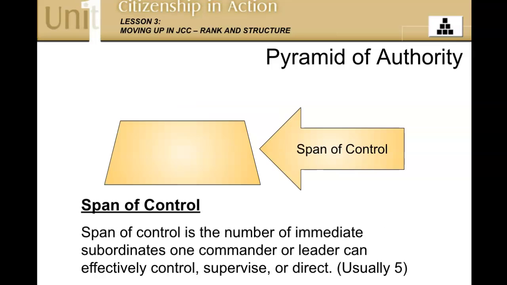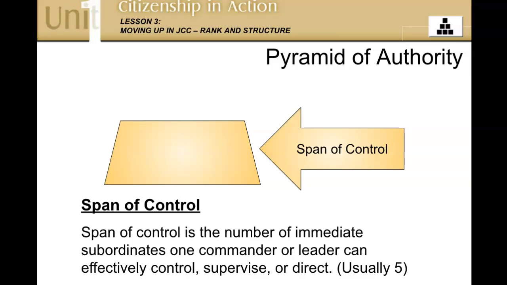Span of control is next. Span of control is the number of people that an individual manager or leader can actually control, supervise, and direct. That number is usually 5. A company commander is responsible for managing the executive officer and then 4 platoon leaders. That would be 5 people.